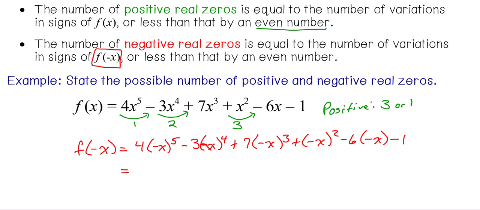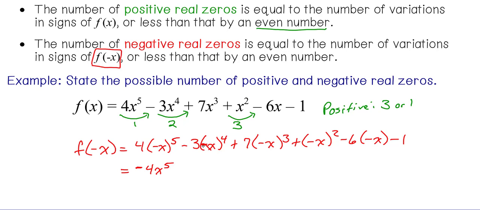Any negative number that is taken to an odd power is always going to be negative. So this 4x to the 5th would actually change to a negative 4x to the 5th. Any negative number that is taken to an even power is always going to cancel out those negatives.